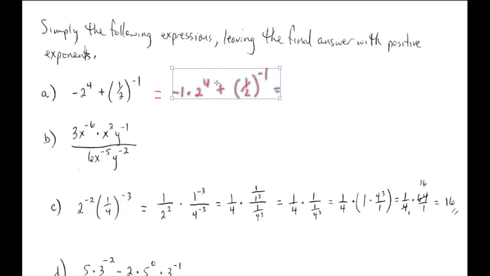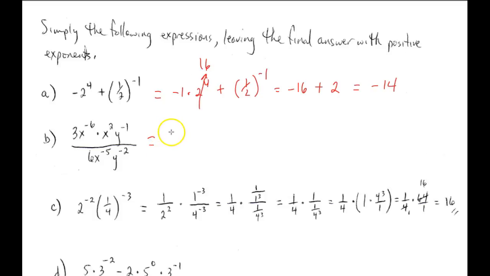So this is just 16. So we have a negative 16 plus 1/2 raised to the negative 1, which is the same as the reciprocal of 1/2, which is just 2. And so negative 16 plus 2 is a negative 14.